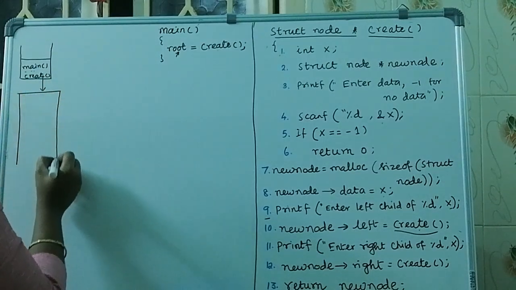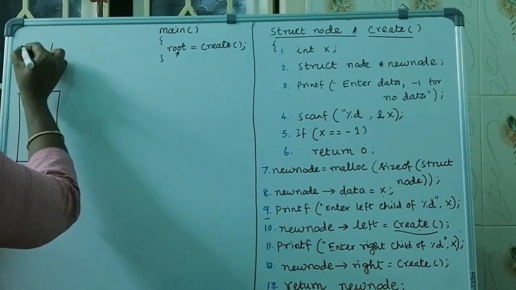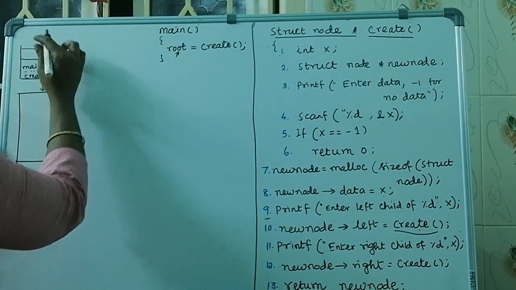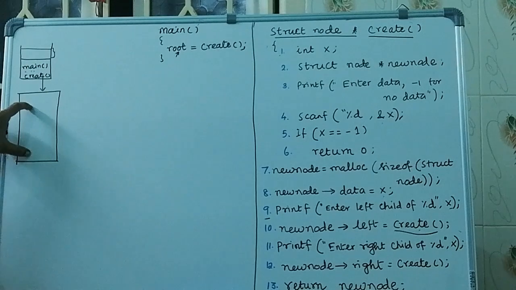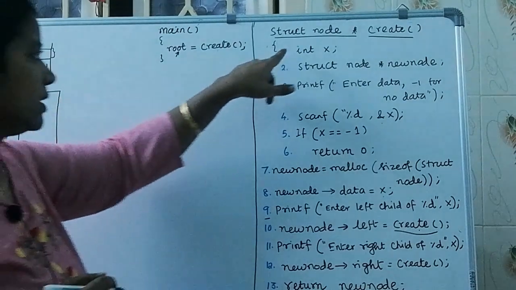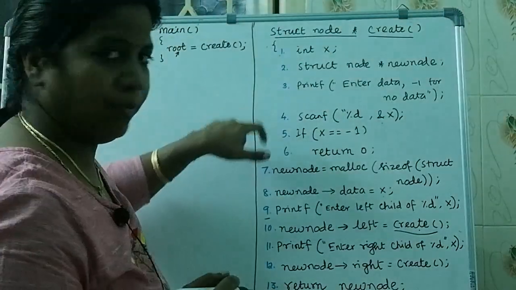In this create method, actually this is considered as a stack frame. This stack frame I have expanded over here. Whenever the method gets called, a stack frame is created with the same function name create, and all the statements written in the create method get executed one by one.